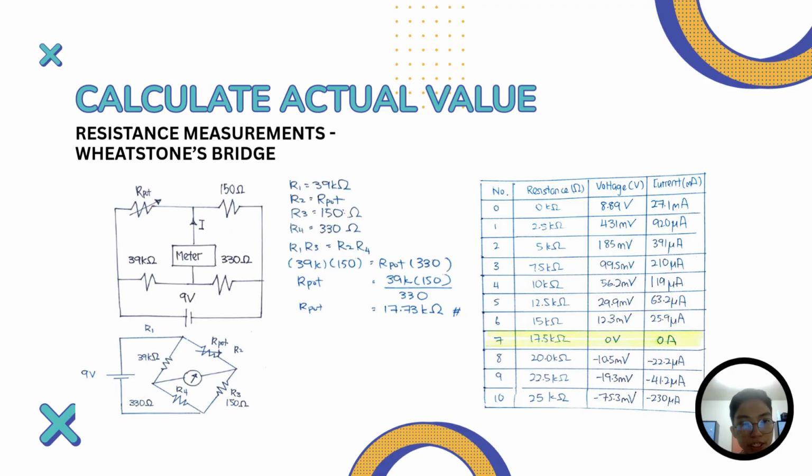First of all, the first step is to calculate the actual value with the formula, which obtains the resistance value of 17.73 kilo ohm.